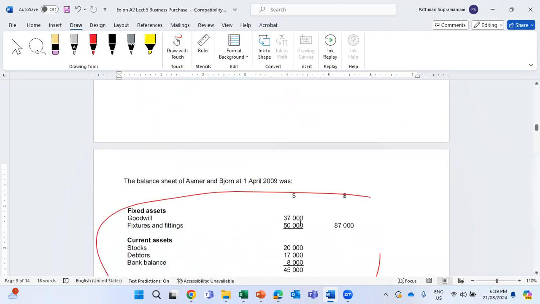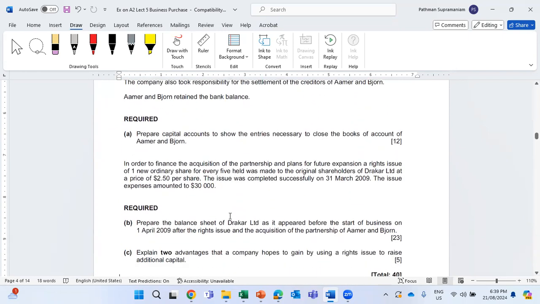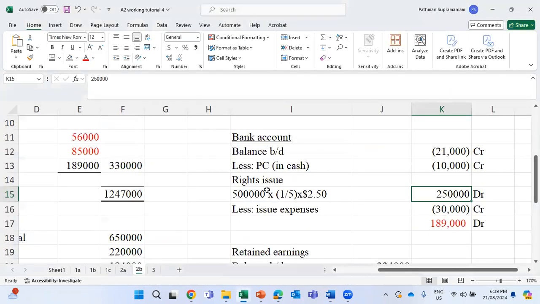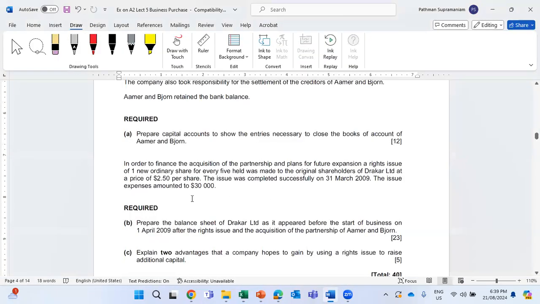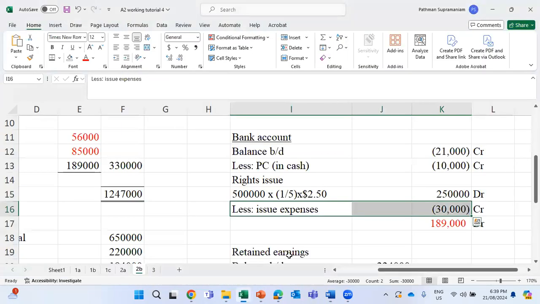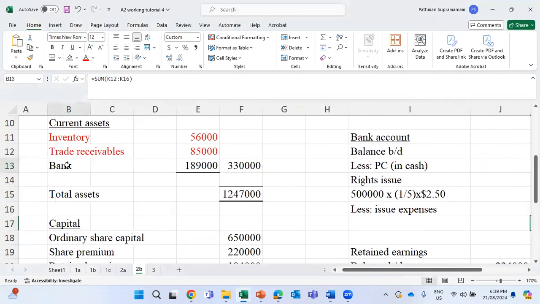So 500,000 times 1/5. So that's 100,000 shares at 250 each. So the money they receive is 250, and then minus the issue expenses here, minus 30,000. So all in all, the balance changed from negative 21,000 to 189,000 positive. So since it's positive, we record it under current assets.